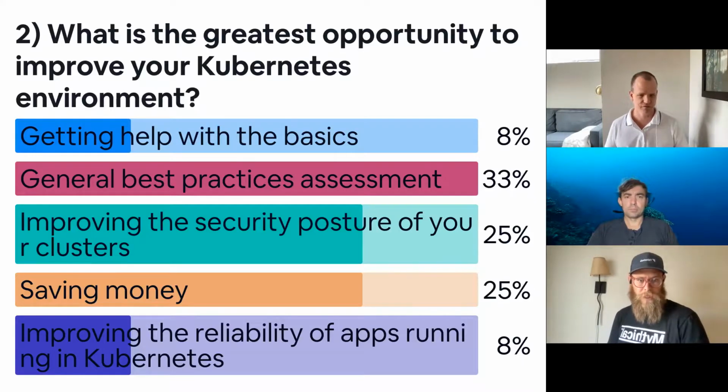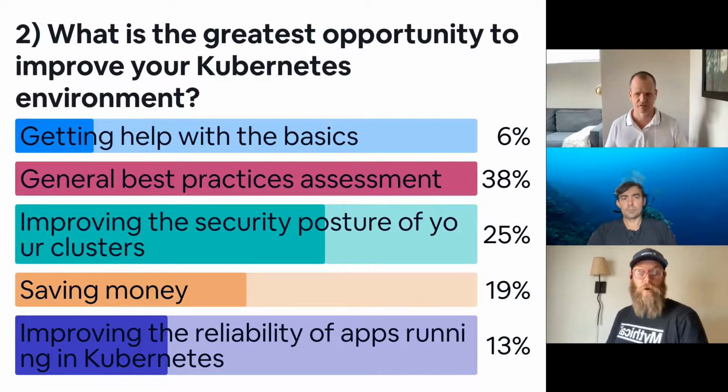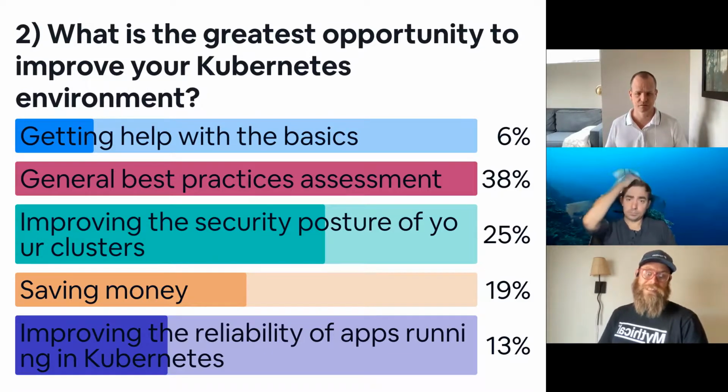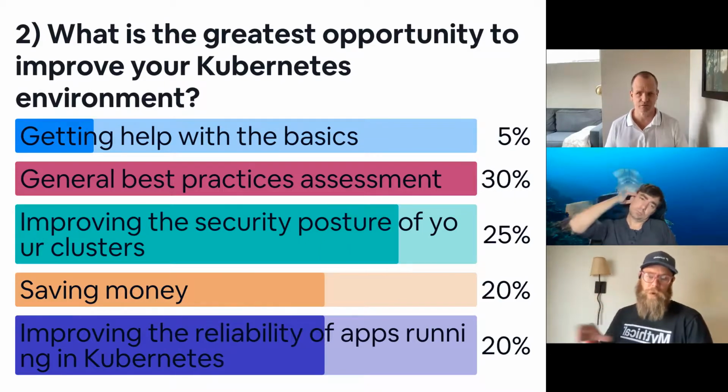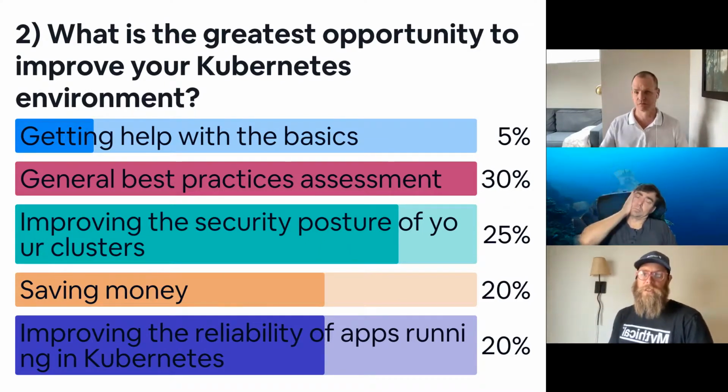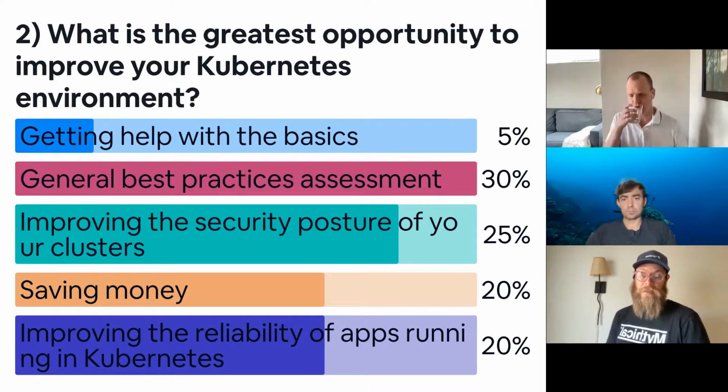Looks like getting some general best practice assessment is part of what people are looking for. So one thing I want to say is, depending on your organization, in most situations, setting up Fairwinds Insights is a pretty light lift. If you have unusual security concerns that it's going to bump up against, we can help you with that. But if you want a best practice assessment, it's pretty easy to sign up in our POC process.